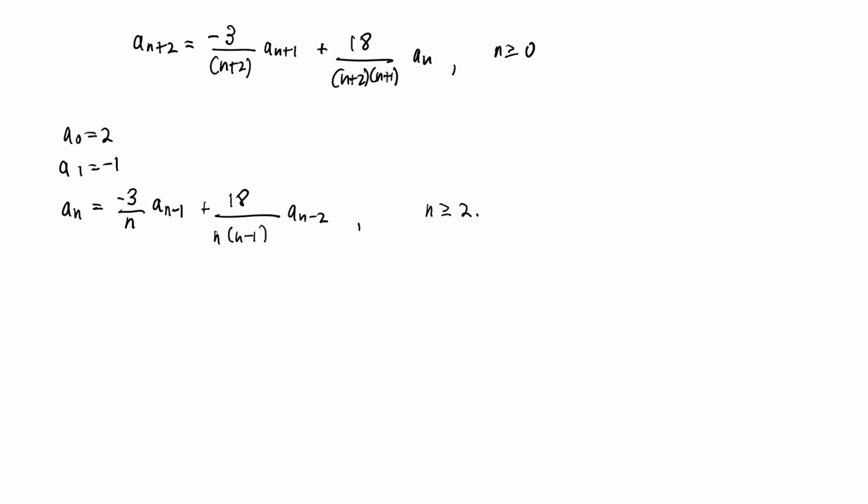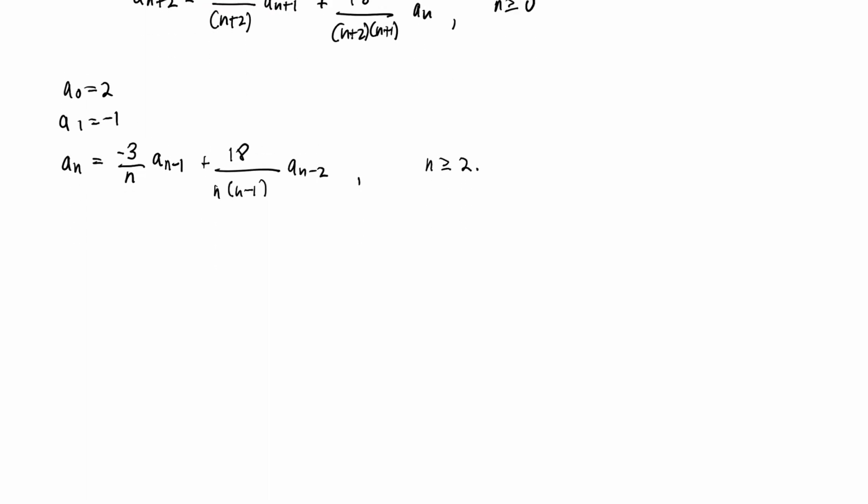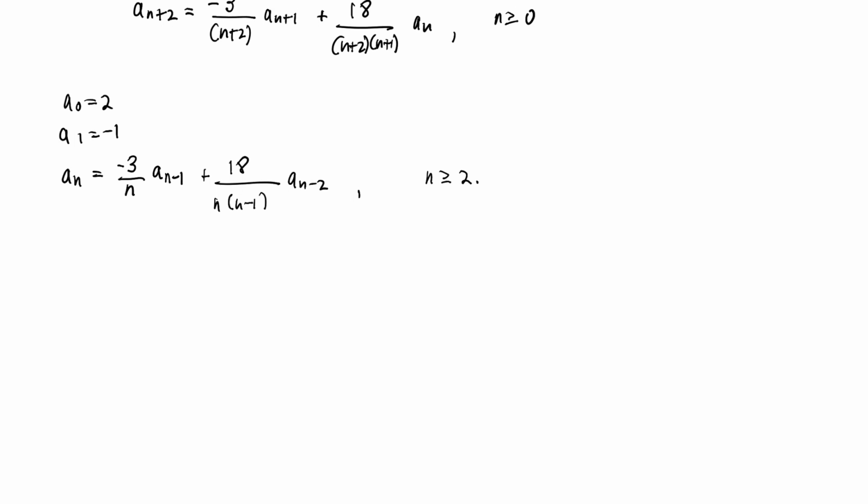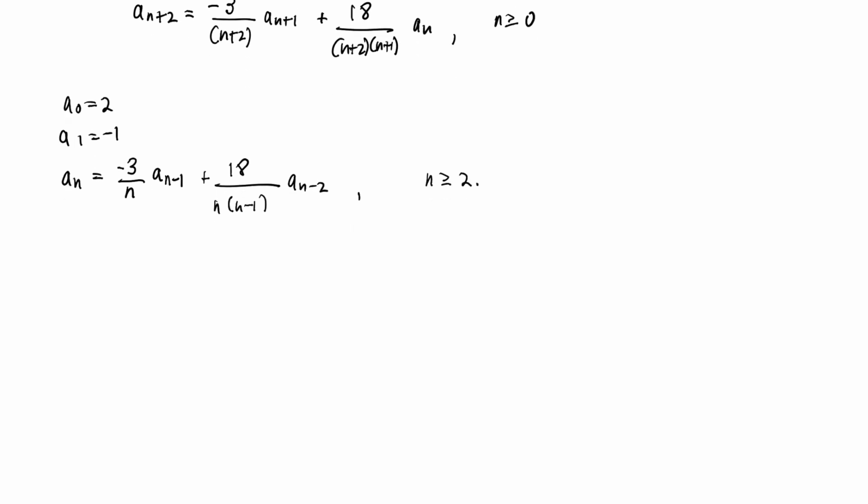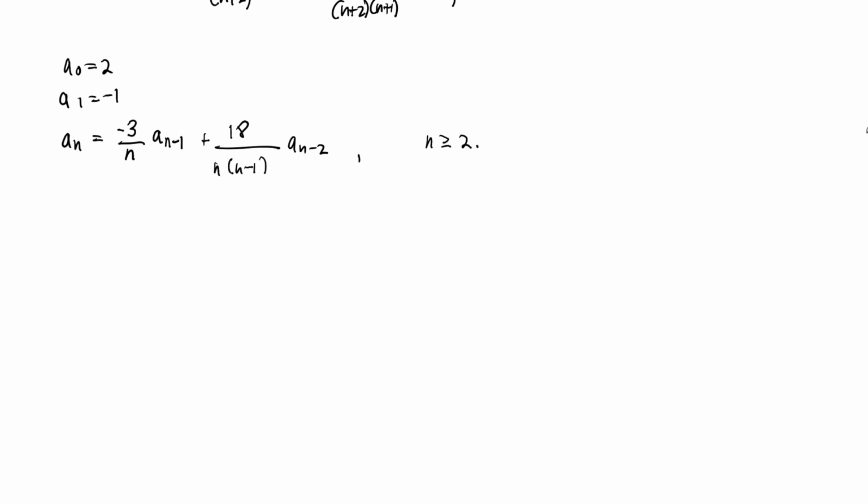All right, now, it may or may not be possible for us to find a nice closed form for this power series equation. But what we can do is at least find the first few terms. We know these two, right? So let's go down to a2 now. a2 is going to be negative 3 over 2 times a sub 1 plus 18 over 2 times 1 times a sub 0.